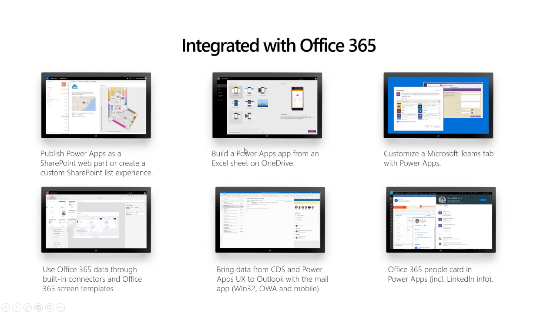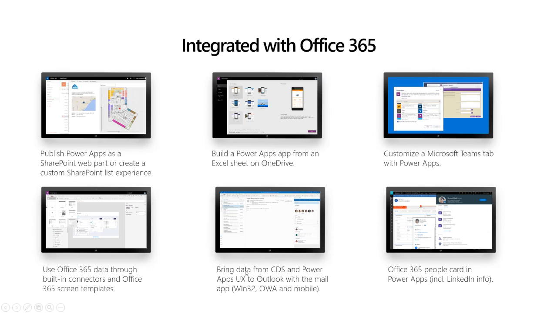So this is to integrate with Dynamics 365. You can publish a Power App in one of your SharePoint web parts, and generate a custom SharePoint list to the end user. Then you can build a Power App from an Excel worksheet on OneDrive, and integrate with Teams.